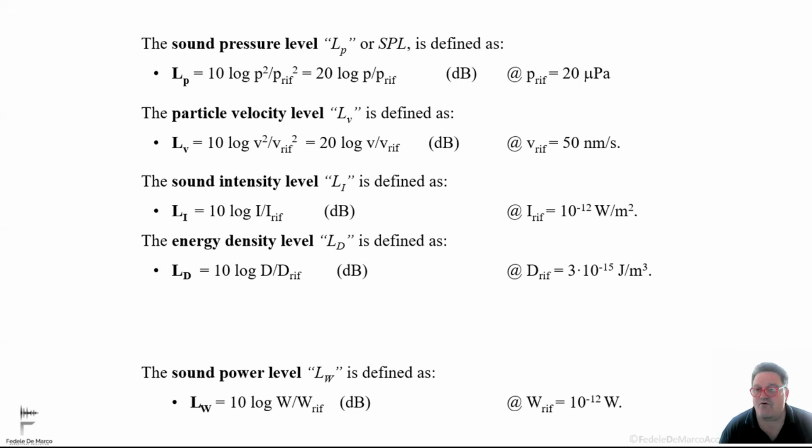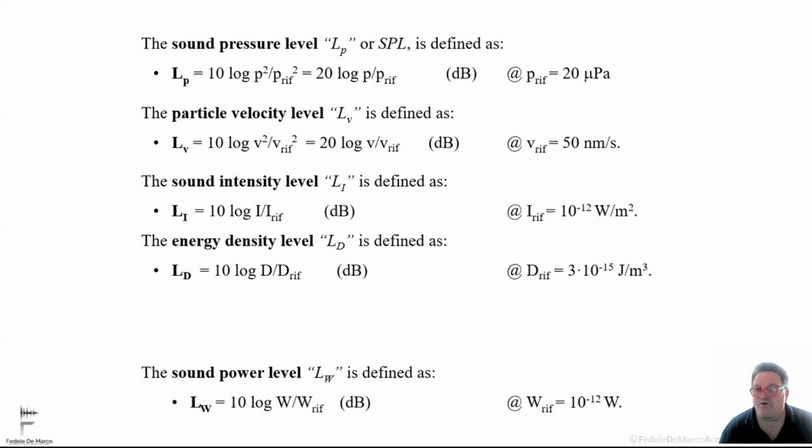You must also understand that the decibel scale has no meaning alone. It has the meaning of an energetic scale. The ratio must be the ratio of two energetic quantities.